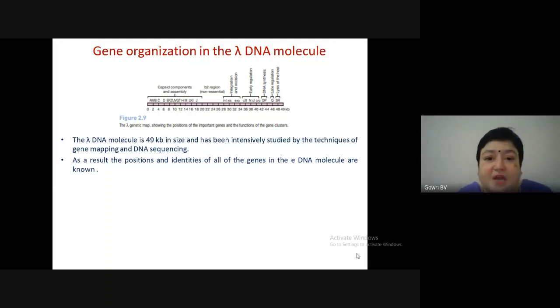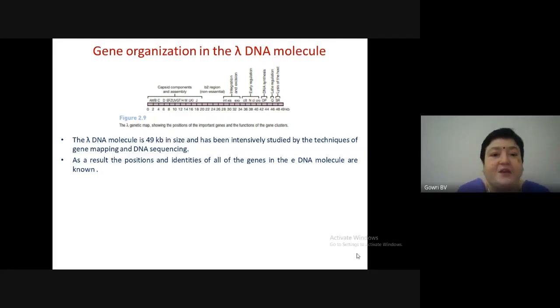If you look into the region 28 to 34, there is an integration and excision region. 34 to 40, 41, there is early regulation. 42 to 44, there is DNA synthesis. 46, the region gives you the late regulation, and 48, the region gives you the lysis of the host that is involved in the life cycle of the Lambda phage molecule. So that is what this sentence means.